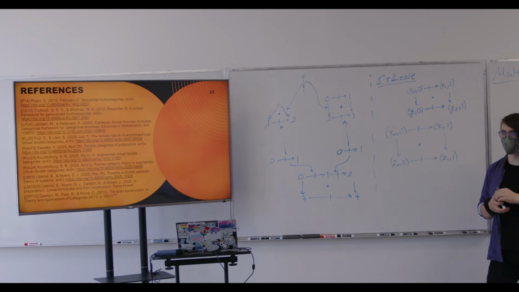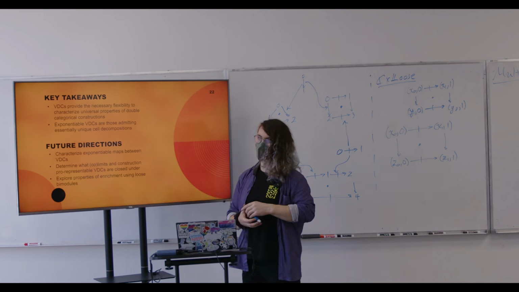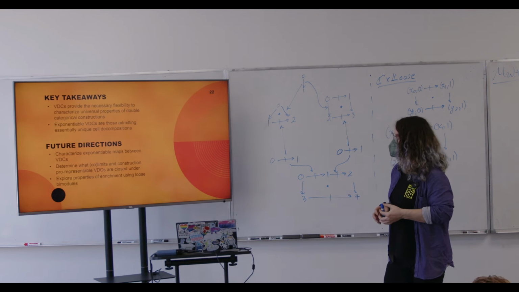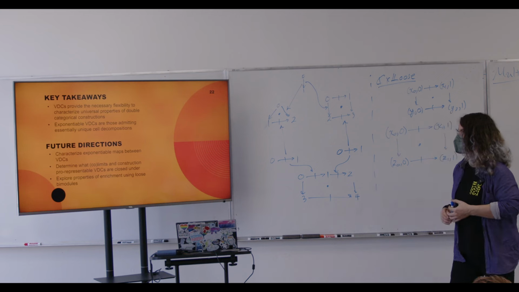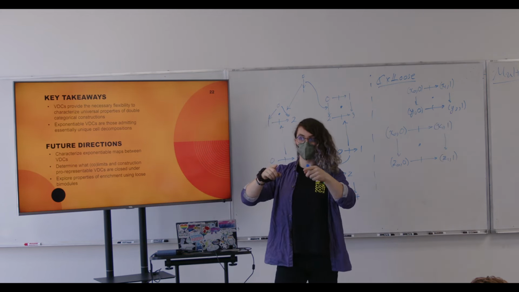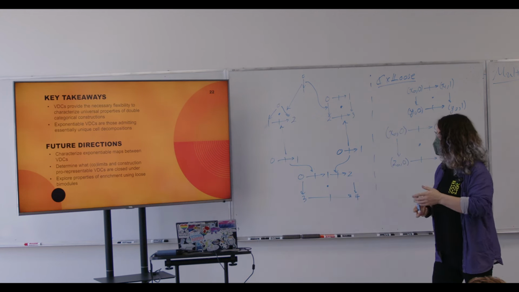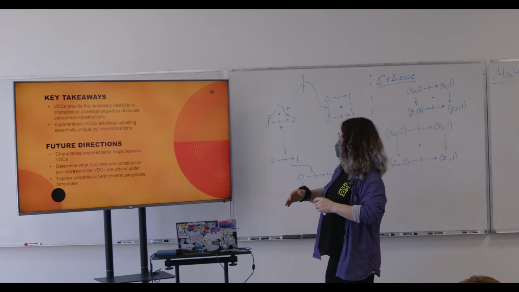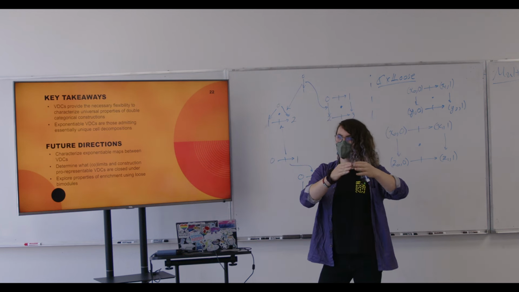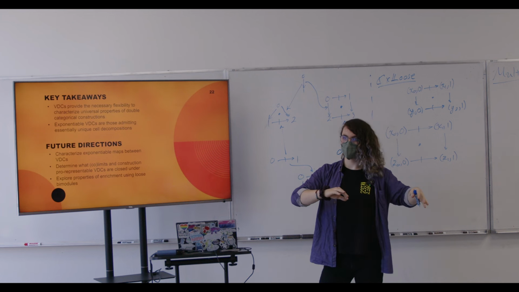You skipped your future work slides. Oh, right. Some future directions I'm thinking about right now: one is characterizing the exponentiable maps between virtual double categories. One thing I didn't talk about much is that the category of categories is Cartesian closed, so it has all exponentials, but not all of its maps are exponentiable.